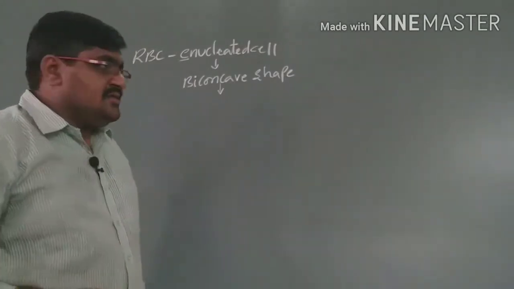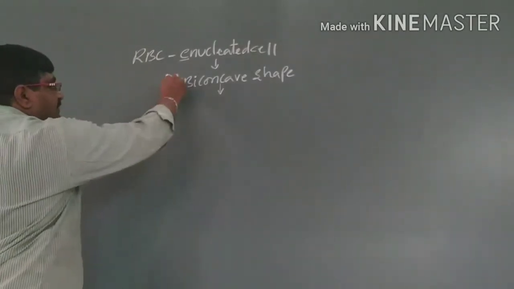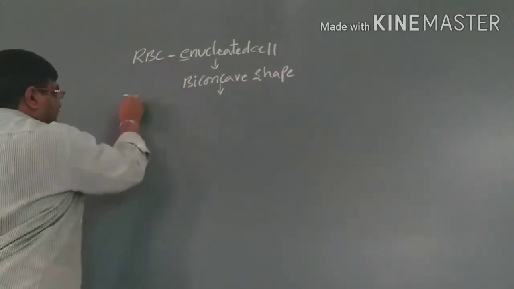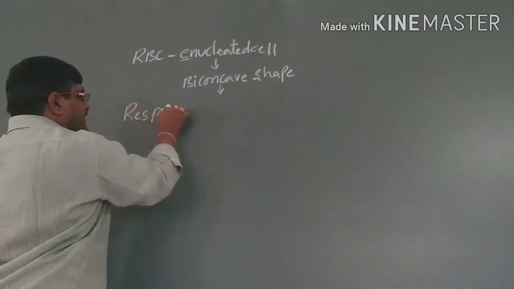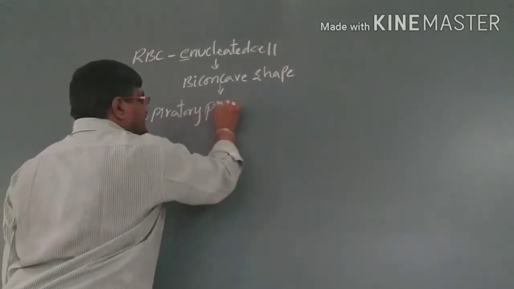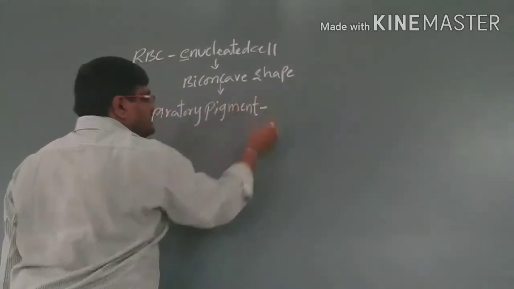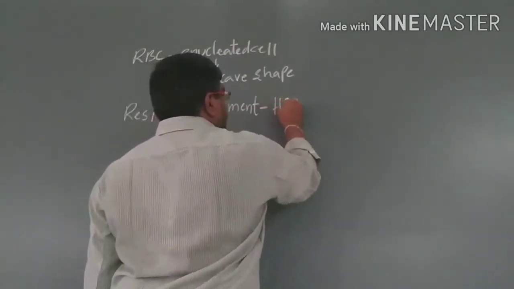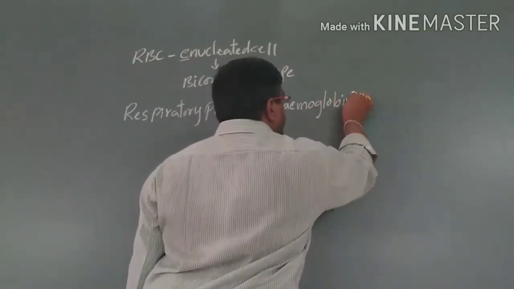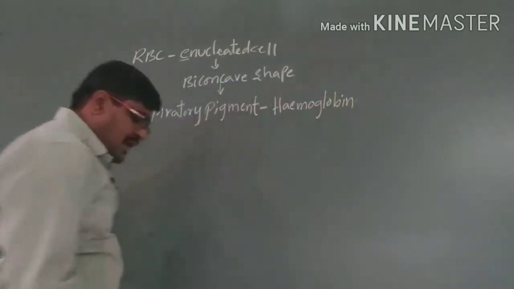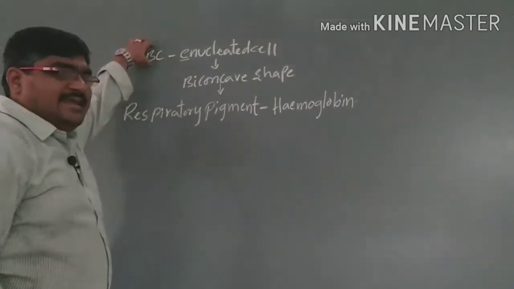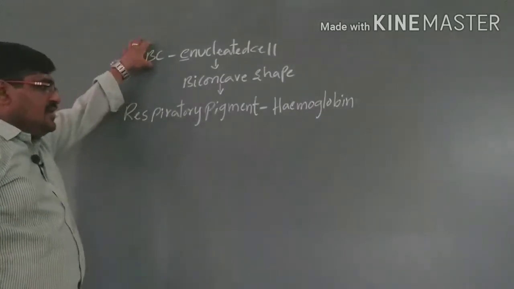The RBC contains a respiratory pigment, which we call hemoglobin. This hemoglobin is dissolved in the blood, so that the red blood cells are red in color.